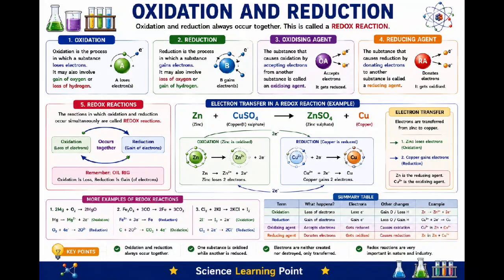The easiest trick is OIL RIG. Must remember. Okay, students? Electrons are not created or destroyed. They are simply transferred from one substance to another. You must remember this important point. That's the basic idea of oxidation, reduction and redox reaction.